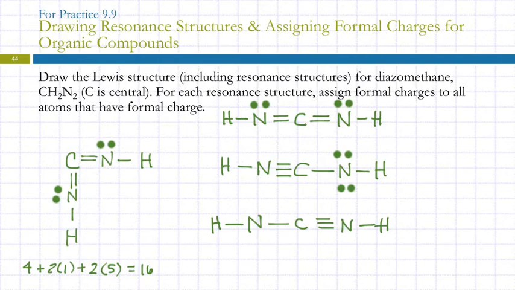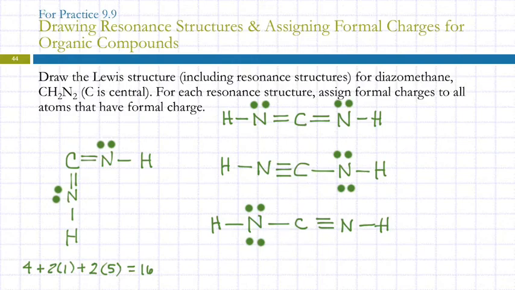I am not my sister, right? So that's how nitrogen feels as well. So these last 2 that we drew, those are equivalent, right? The only difference is triple bond on one side, triple bond on the other side. This is a resonance structure, but it's a little different than these 2, right?